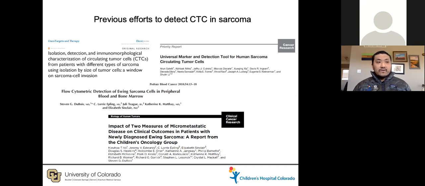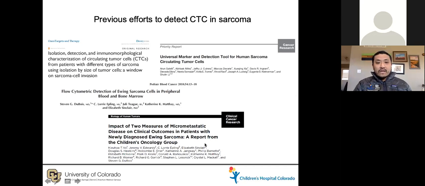CD99 is widely used, especially in diagnosis, to diagnose Ewing sarcoma and differentiate it from other blue round cell tumors. However, CD99 is positive in primitive lymphocytes, and it's now well known that by just looking for CD99, you're capturing a lot of other cells.